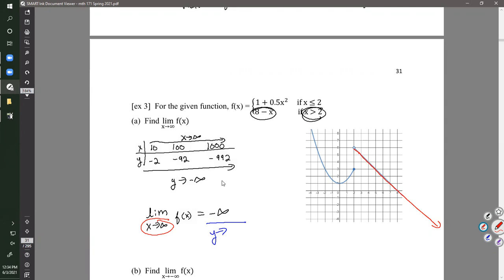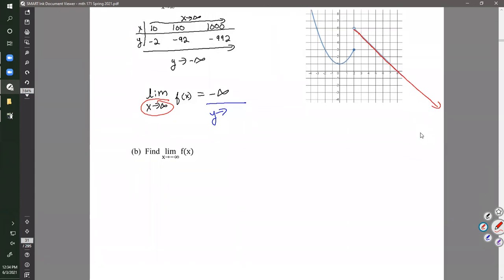So as x is going to infinity, y is going to negative infinity. We don't have any horizontal asymptotes here. Infinity doesn't really exist on the real number line. So it goes to negative infinity. Okay.